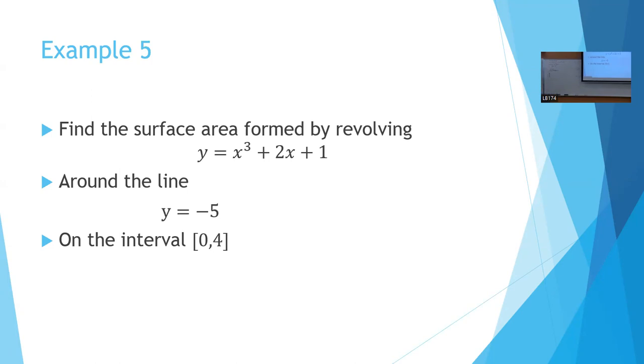So we're going to take the same surface area, not the same surface area, excuse me. We're going to take the same curve. And instead of revolving around the x-axis, we're going to revolve around the line y equals -5.